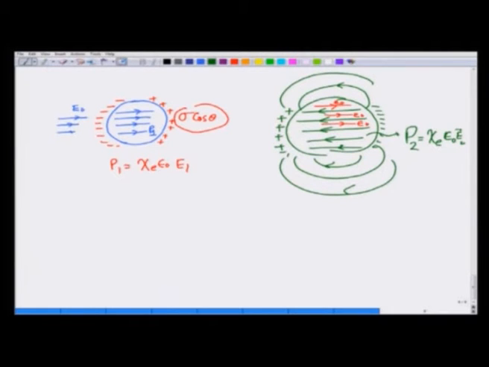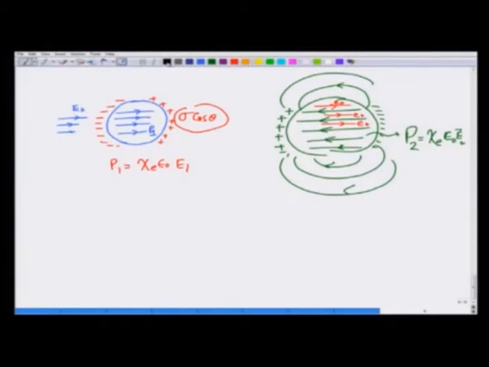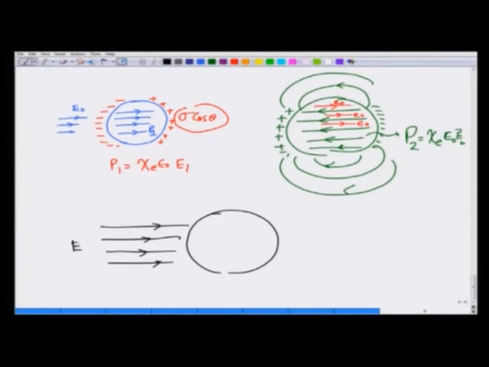I could go on solving this problem by this iterative method, or assume right in the beginning that the effect of this applied field E 0 is that it produces a net polarization P in the same direction in this sphere. And this produces a P which is some P 0 cosine theta. Let us call this direction x.